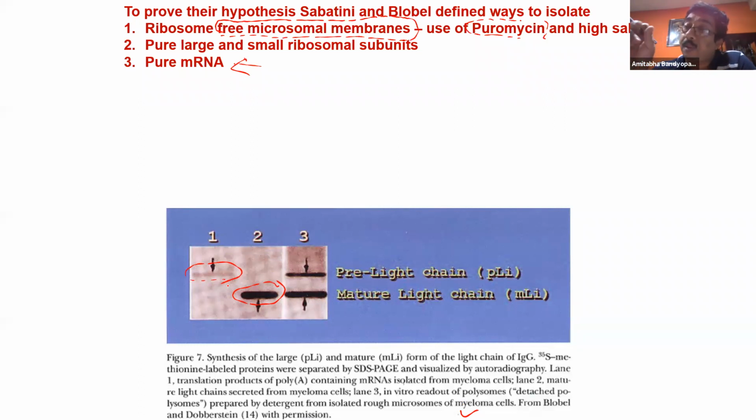So a part of it is lost. But if you do in vitro synthesis, you do not get the smaller size. Now, if you look here, line number 3, in vitro readout of polysomes prepared by detergent from isolated rough microsomes of myeloma cells, meaning you have all of this and you provide microsomes, okay?